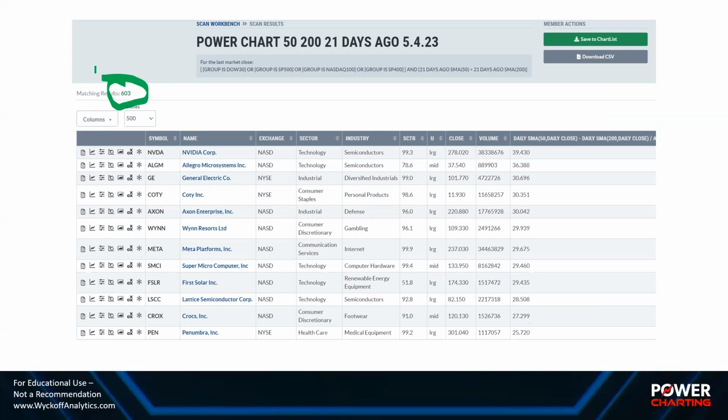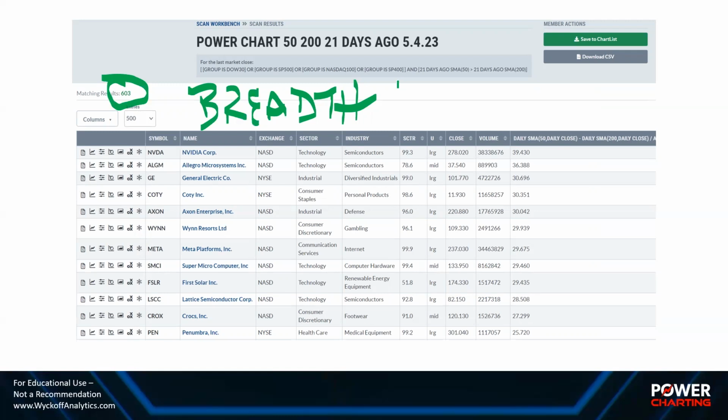Today, 503. So we do see some degradation in that metric. This is a way to use the scan engine to simply give us information about breadth in the market. 21 days ago, more stocks, 50 above 200. Today, 18% fewer, something of that nature.